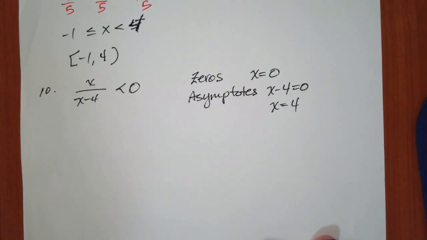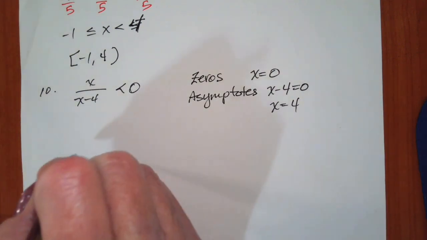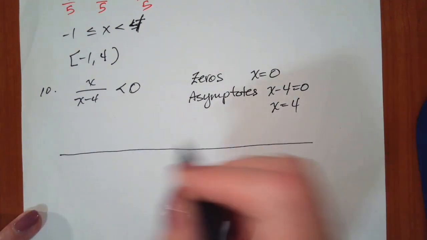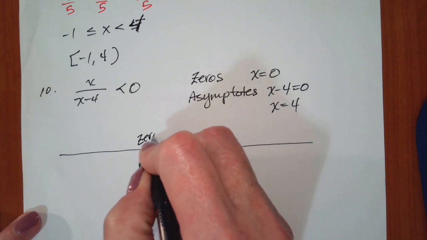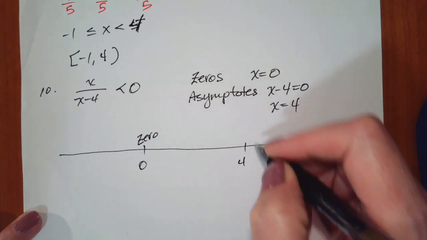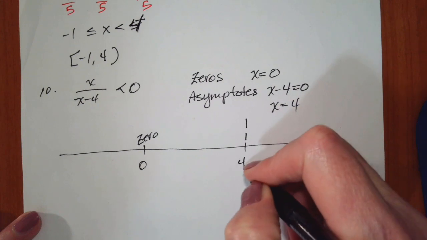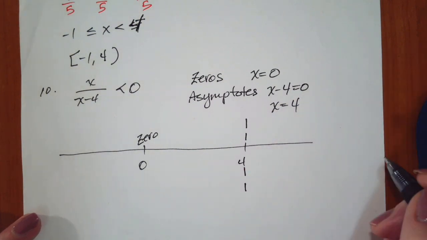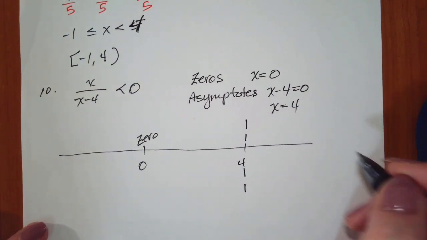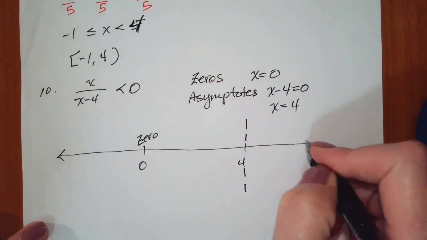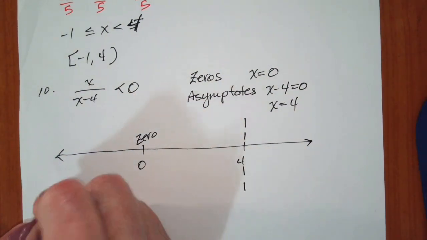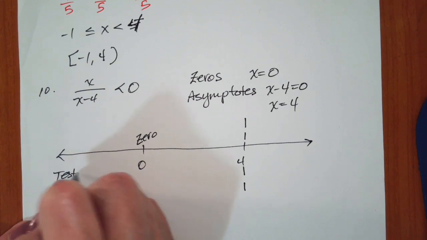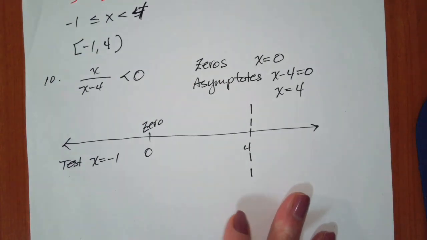Here you are going to want to use a sign chart. Okay, and so you know you have a 0 at 0, and at 4 you have an asymptote. It cannot be included, regardless of what happens here. All right, so I'm going to do the same thing. I'm going to test something less than 0. So let's test x equals negative 1.